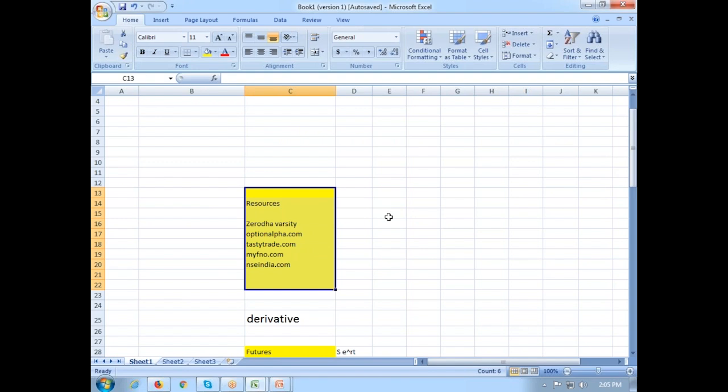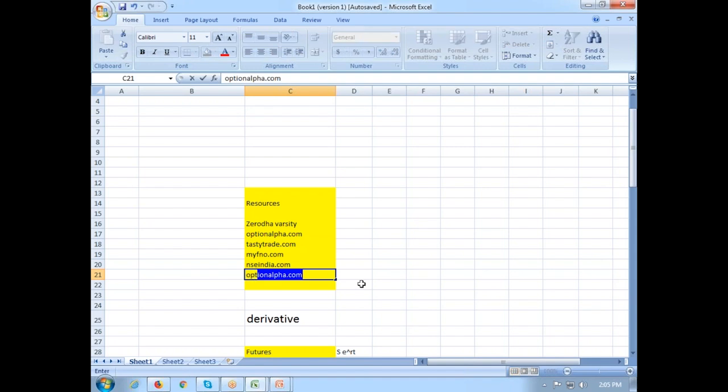I have learned most of my trading from these, and there's one more, optiontradingpedia.com. And if you just Google it, there's enough research material given in these places.